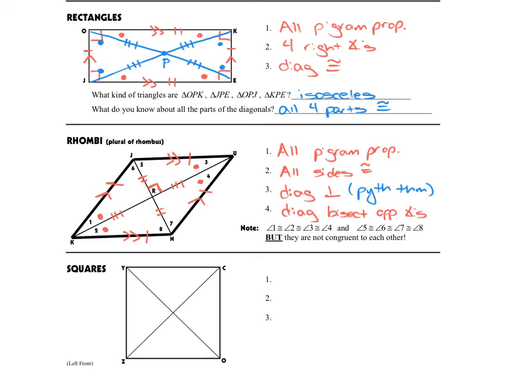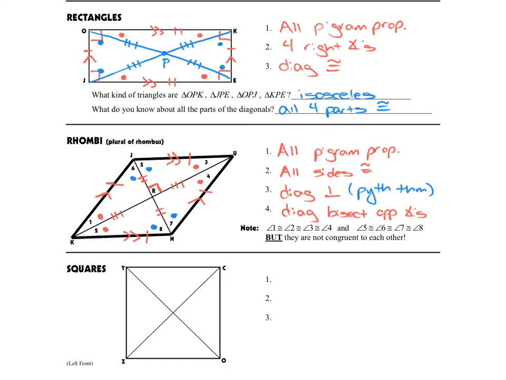That also means that angles 5, 6, 7, and 8 are going to be congruent to each other because the original opposite angles were congruent and then they were bisected, so we get 4 congruent parts there. So those are going to be our properties for our rhombus. The last little note here is notice that these angles 1, 2, 3, and 4 are congruent, and 5, 6, 7, and 8 are congruent, but they are not congruent to each other.